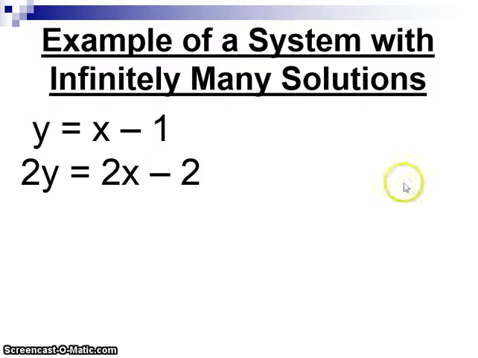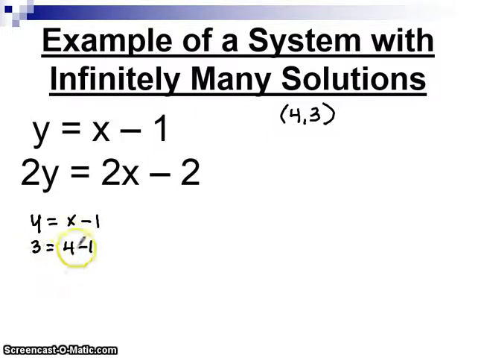Now, this is an example of a system that has infinitely many solutions. There are infinitely many that will make these both true. So for example, let's try the ordered pair (4, 3). y is equal to x minus 1. So is 3 equal to 4 minus 1? 4 minus 1 is 3, so yes.